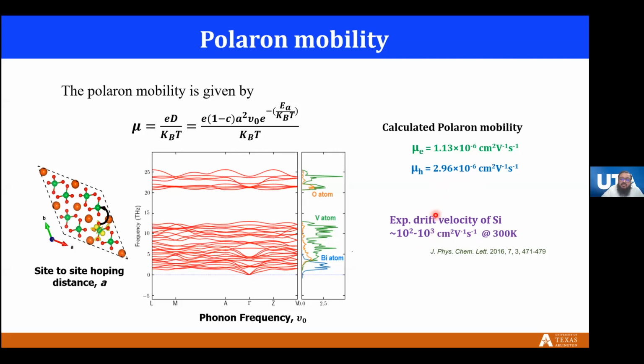So these mobilities are almost 1 million times smaller, and hence polaron creation does create a problem in terms of transport properties, as well as the catalytic properties that we started out to improve.